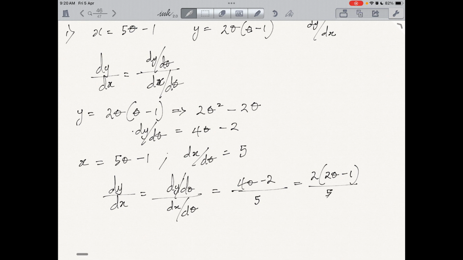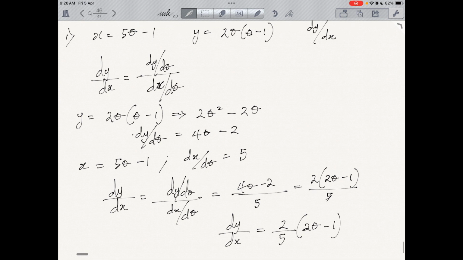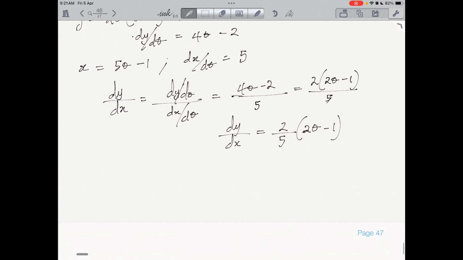So dy/dx in terms of θ can now be written as 2/5 into (2θ minus 1). So based on the formula given, we can evaluate dy/dx. Let's take another example.